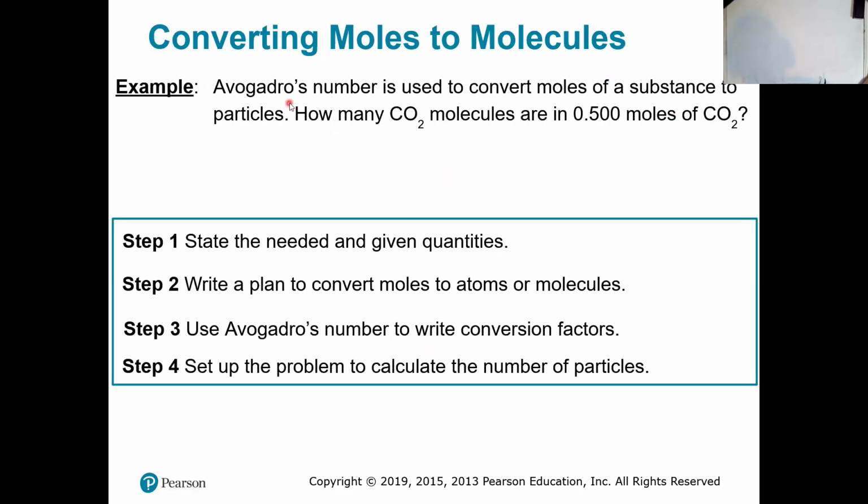So for example, let's look at this first question. Avogadro's number is used to convert moles of a substance to particles. How many CO2 molecules are in 0.5 moles of CO2? Let's look at how we would solve that problem.